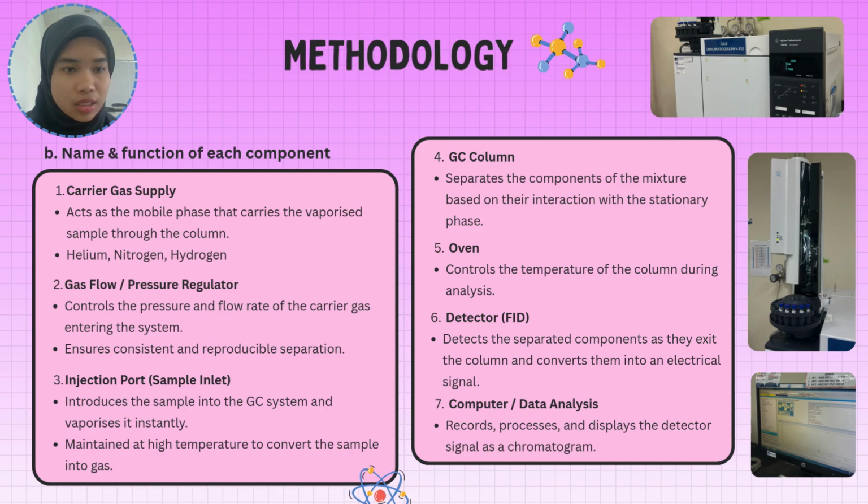Next, the detector, specifically the flame ionization detector, detects organic compounds as they exit the column and converts their presence into an electrical signal proportional to their concentration. And finally, the computer and data analysis system records and processes the detector signals, displaying the results as a chromatogram for qualitative and quantitative analysis.